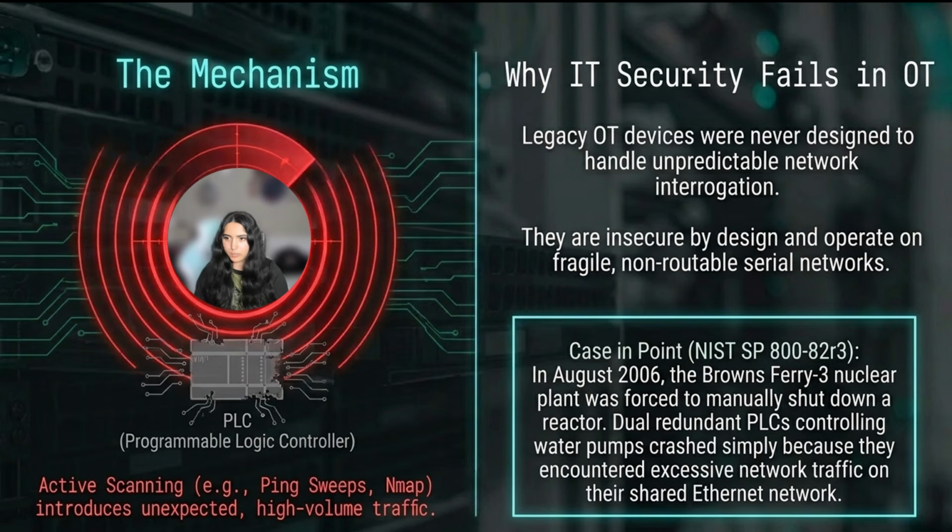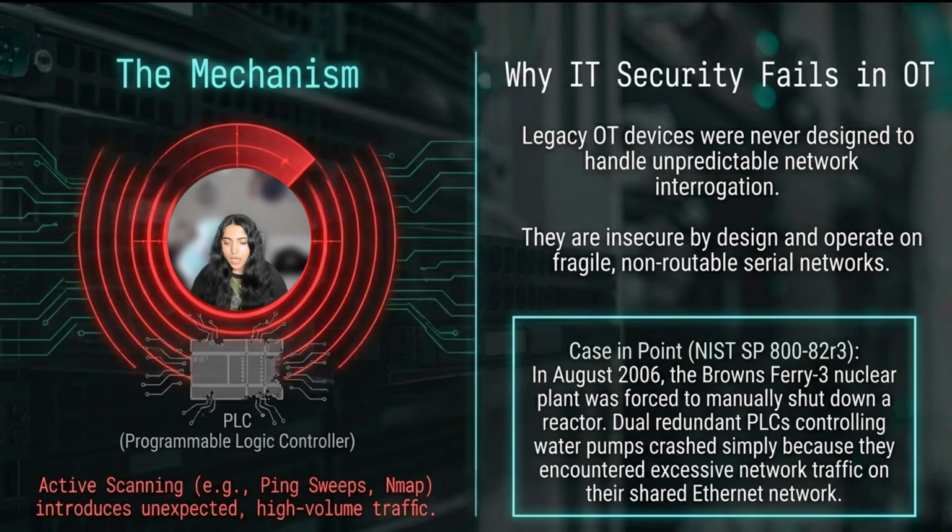So we're going to talk about why IT security fails in operational technology systems. As we know, a lot of legacy OT devices were never designed to handle unpredictable network interrogations. They were built secure by design. And a lot of active scanning tools like Nmap can cause instability.